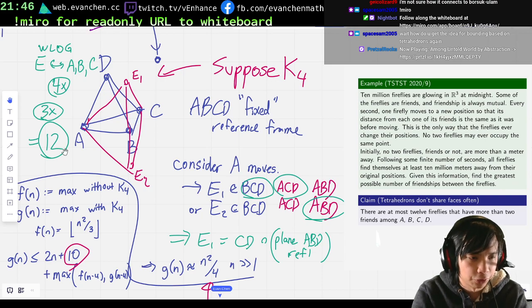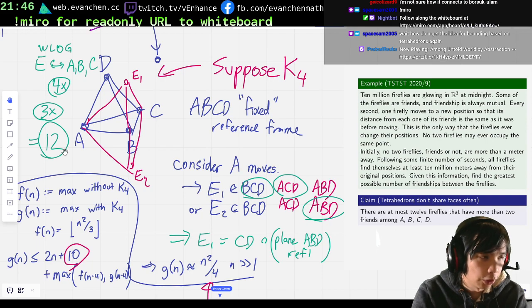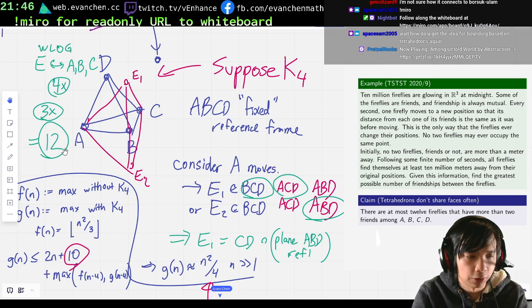And if that's true, then it means that the tetrahedron vertices have degree about half, about n over 2. So overall, that graph will have total number of edges about n squared over 4, which is less than n squared over 3.